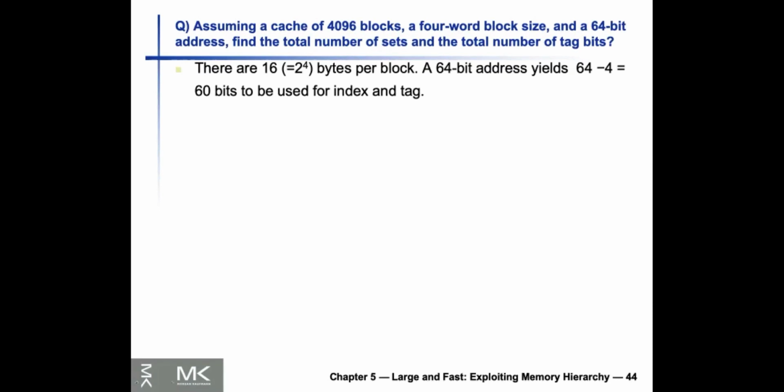Assuming cache, we just talked about it half an hour ago, so what was a 4-word block size? So remember, in RISC-V, each word was how many bits? It's 4 bytes. How many bits? 32, right? Or 4 bytes.